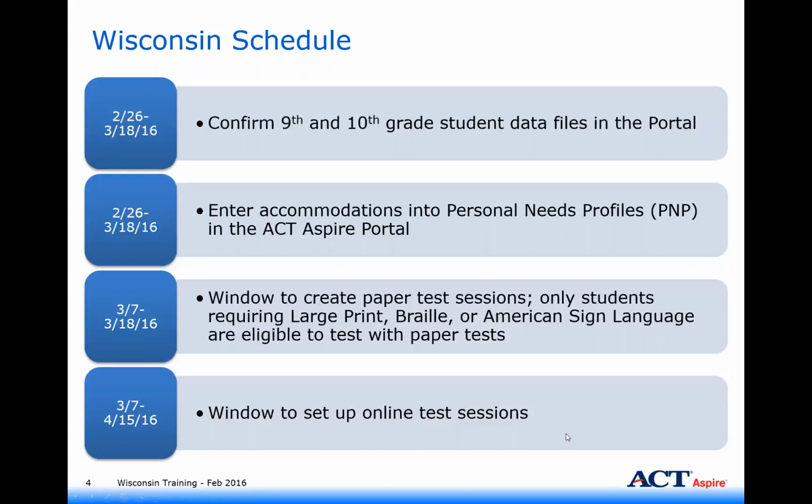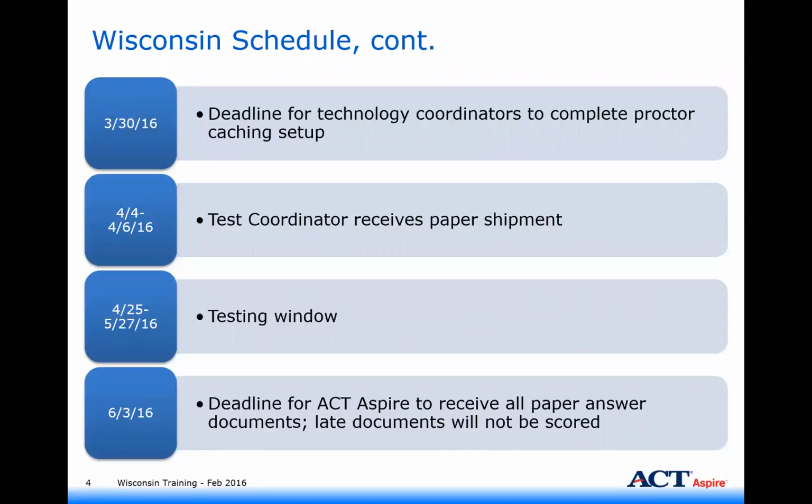March 7th through April 15th, this will be the window to set up all of your online test sessions. March 30th will be the deadline for your technology coordinators to complete the Proctor caching setup.